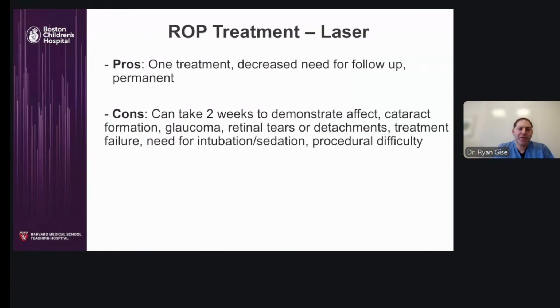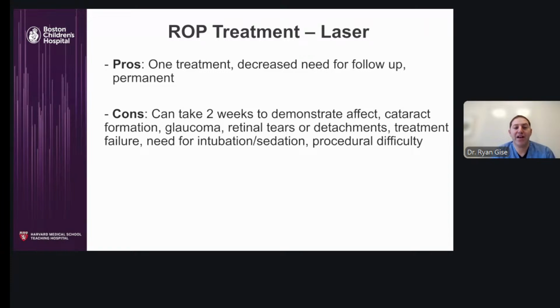So with laser treatment, obviously the pros are that it's one treatment, if it's done correctly, and it does take a lot of skill and practice to become good at ROP lasers. I think they're the hardest laser that you can do. There's a decreased need for follow-up, and it's more permanent, meaning that the retinopathy of prematurity regresses after one, sometimes two sessions, and then you are able to not follow the infants as closely.